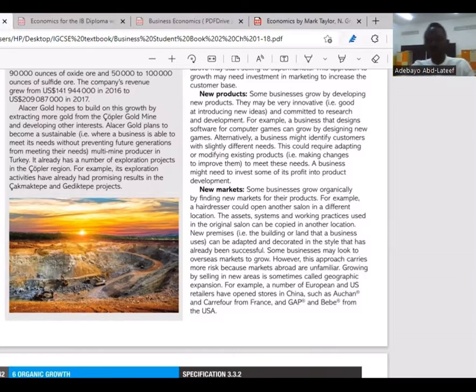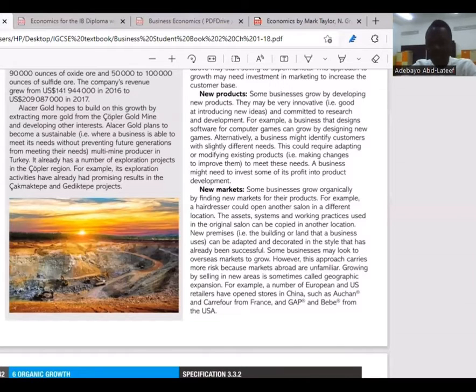New products might mean developing a new product or modifying or making amendments to existing products. So when you do this, it means you are also expanding organically because you are not using resources outside the business. You are making the products better using the resources you have. So that's another method of organic growth, which is new products.